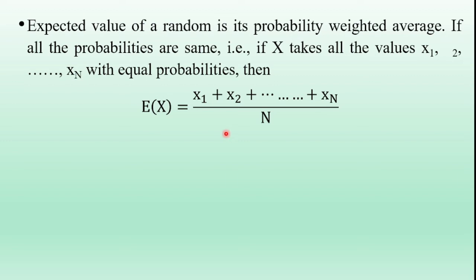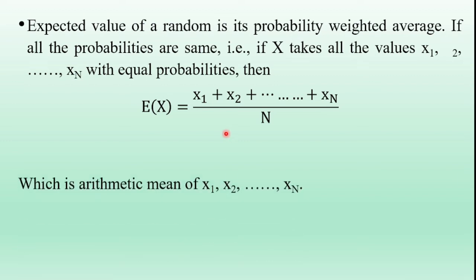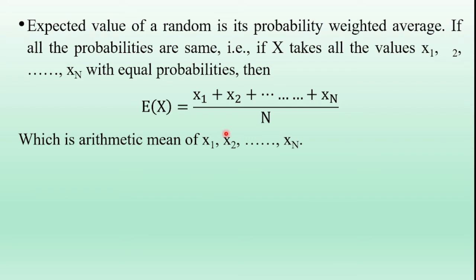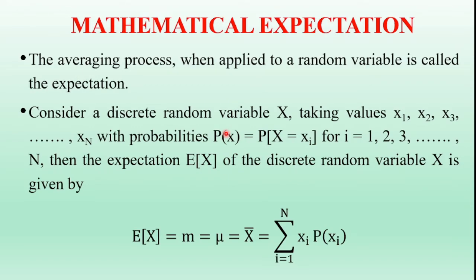So this equation is the arithmetic mean of x1, x2, x3 and so on xn. So now here this equation is the expectation of a random variable X with discrete type.